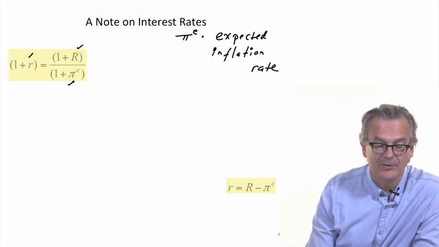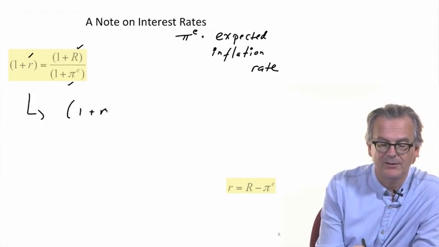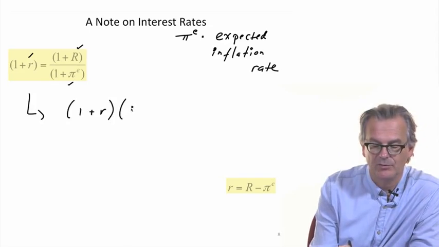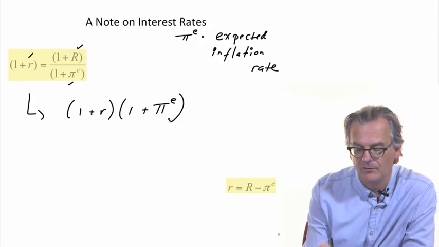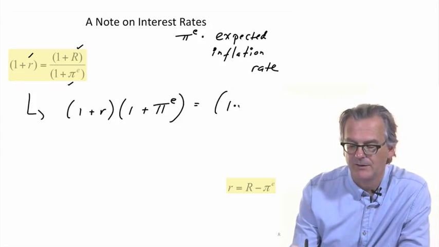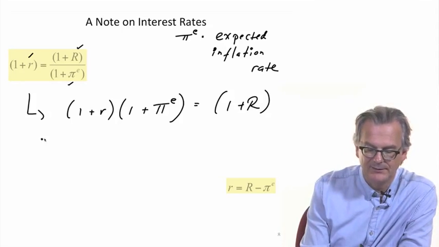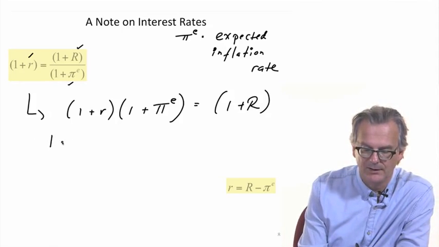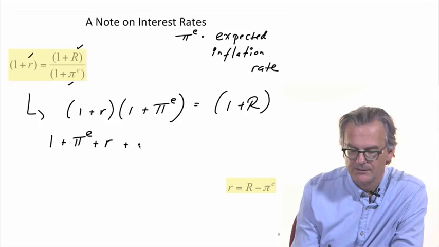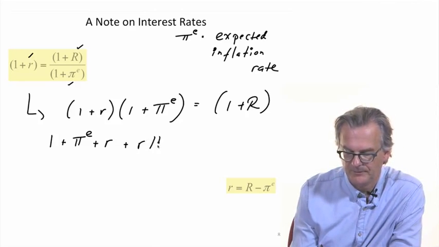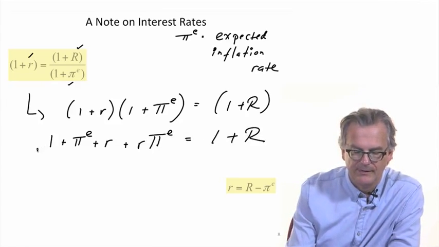A little bit cumbersome to work with that formula, so you can play around with it a little bit. I won't do this in any great detail because it's not all that important for our purposes, but if we multiply both sides by the denominator, 1 plus pi e, that must equal 1 plus r. If we expand the left-hand side out, we'll end up with 1 plus pi e plus r times pi e equals 1 plus r.